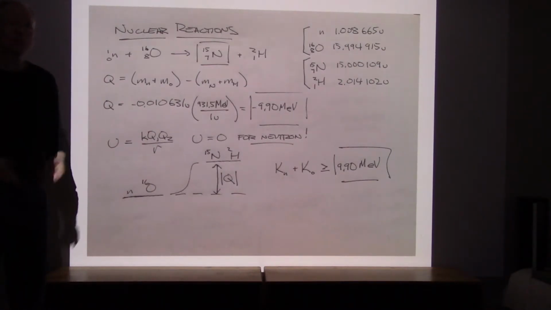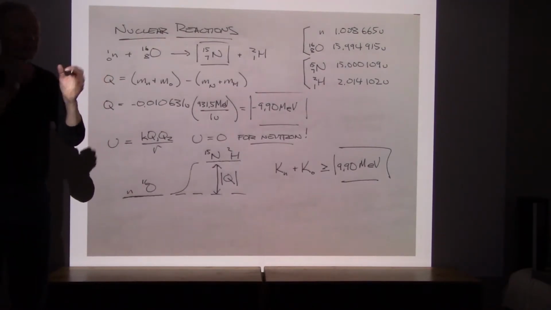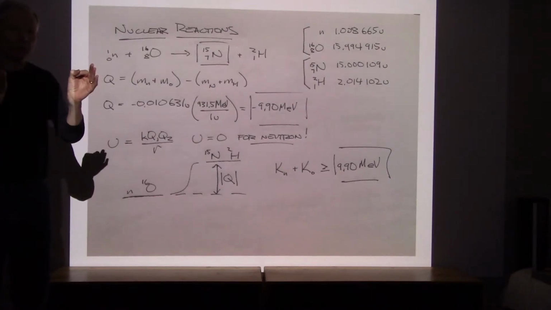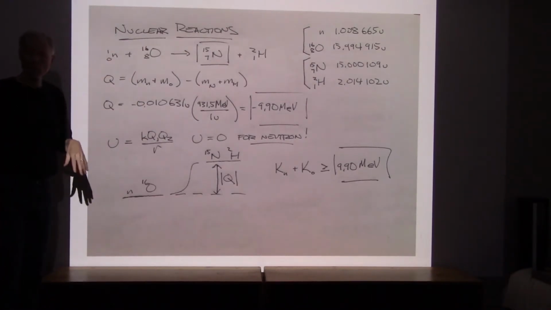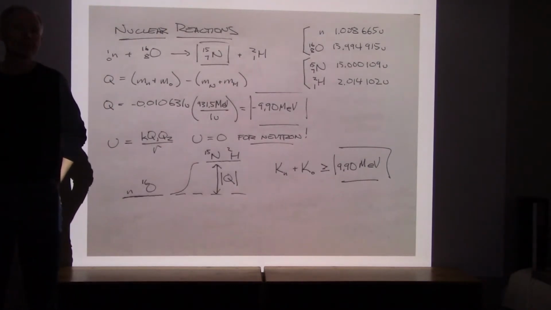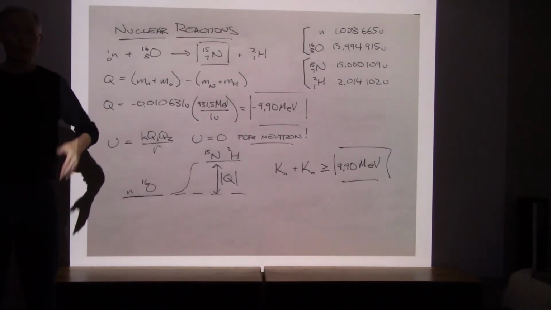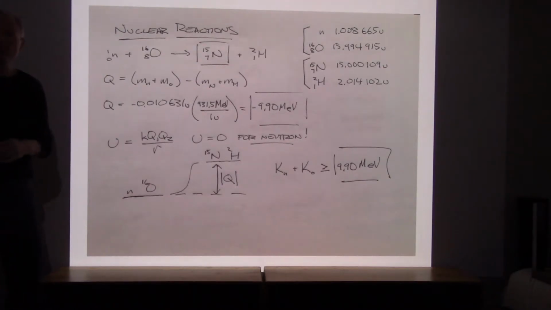Any kind of nucleus that runs into another nucleus, they're both going to be positively charged. But if we run a reaction with neutrons, neutrons can find their way in, no problem. There's no repulsion, and the neutrons can just set off these reactions very easily.